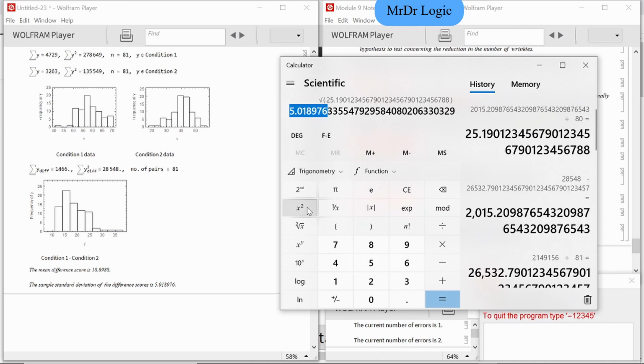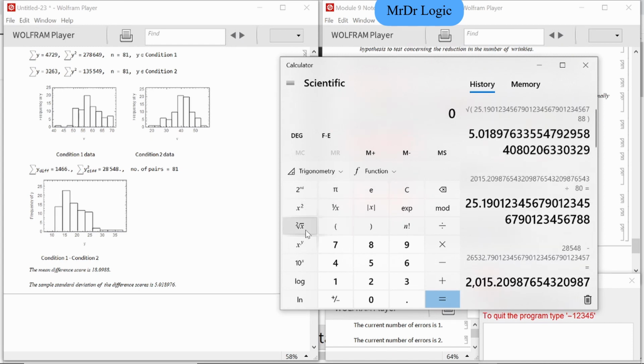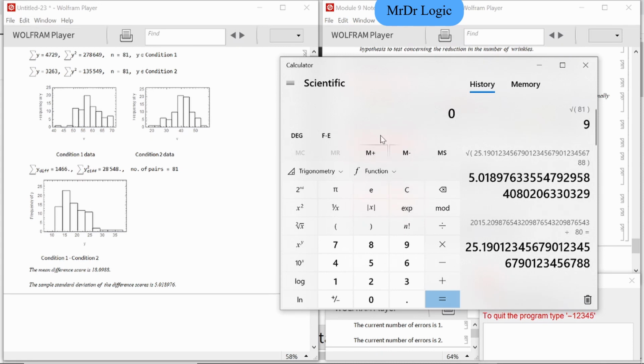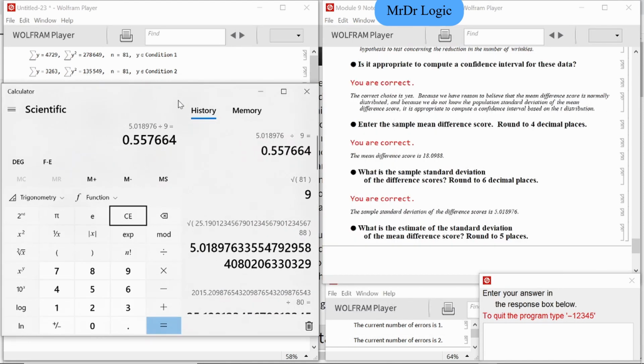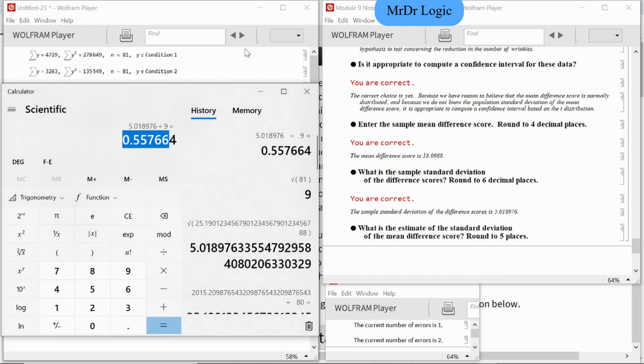I think that's 9. Oh, would you look at that? So 5.061 divided by 9. And that's our answer. And we need 5 decimal places, so we're going to take these 5, put them here.